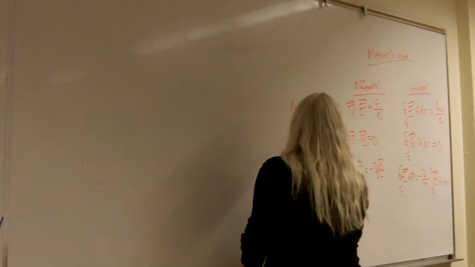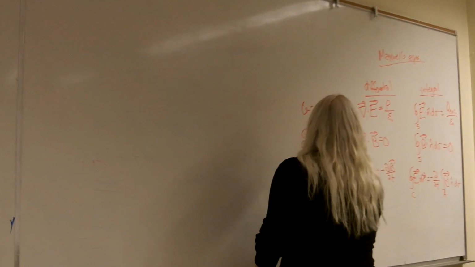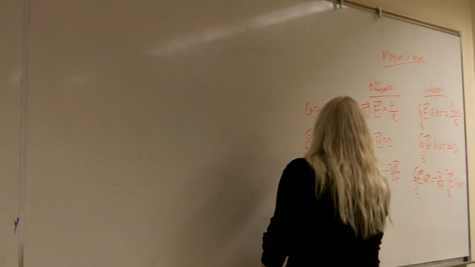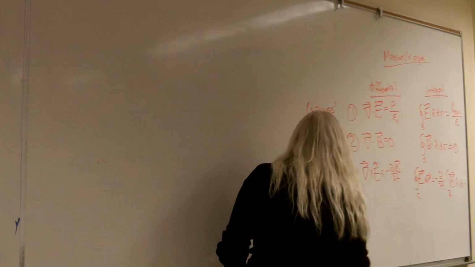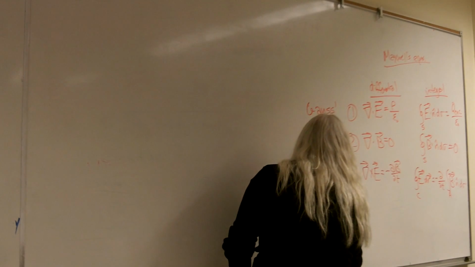It's called Gauss's law for magnetism. And the third one is Faraday's law. And the fourth one that we'll fill in here in a minute is the Ampere-Maxwell law.